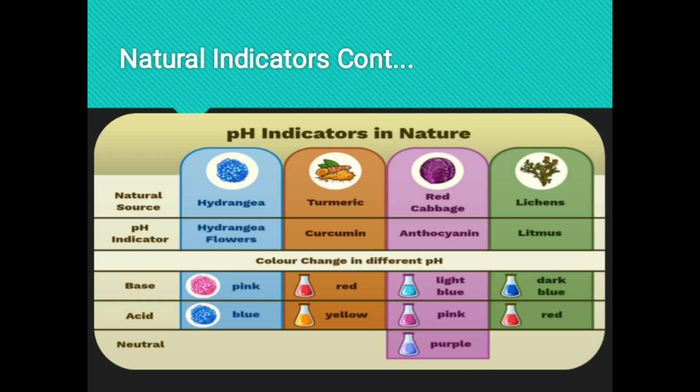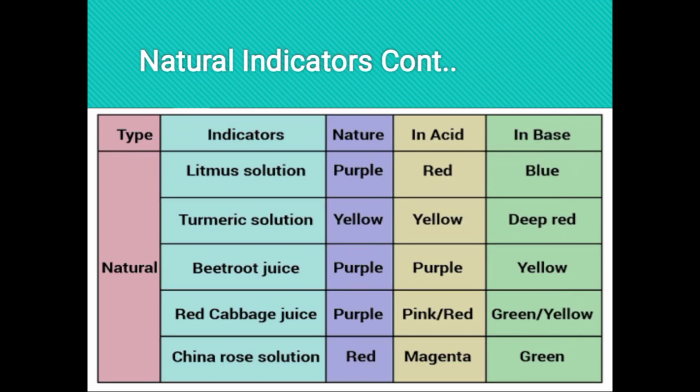And then litmus can be gotten from lichens and gives a dark blue color in basic media and a red color in acidic media. Still looking at natural indicators, litmus solution is naturally purple in color, but in acidic solution it gives a red color, and in basic solution it gives a blue color.